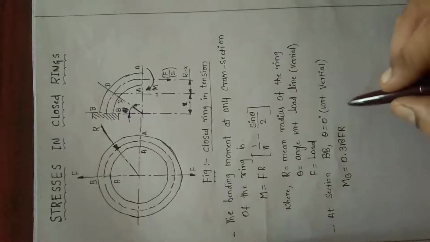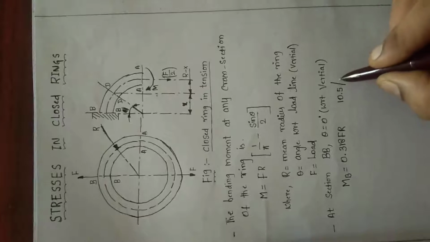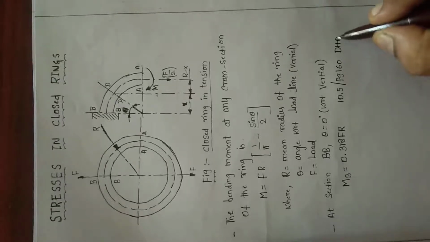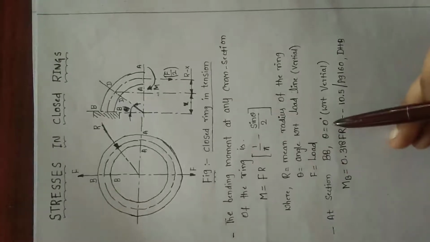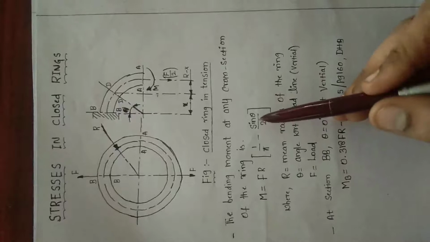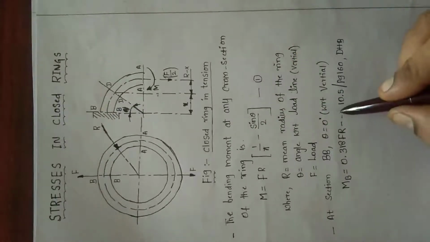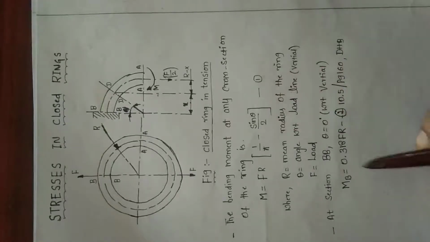We got the equation from equation 10.5, page number 160, data handbook. From the data handbook we get it, or you can substitute the theta value 0 in this equation. I can call it equation 1, and I will call this equation 2. If I substitute theta in equation 1, I will get this value.